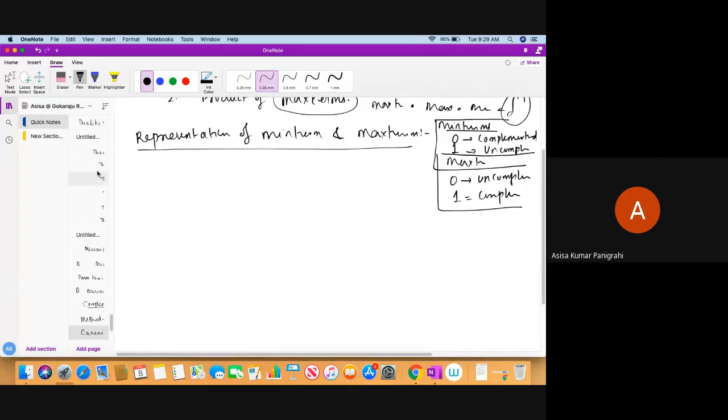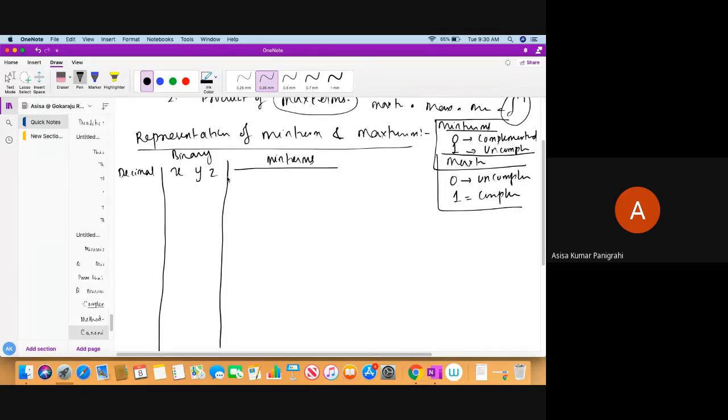Please see here. Let's say this is my decimal, and the variables are x, y, and z. This is your binary. Next we'll move to the min terms: the terms, and the designation of the particular terms.